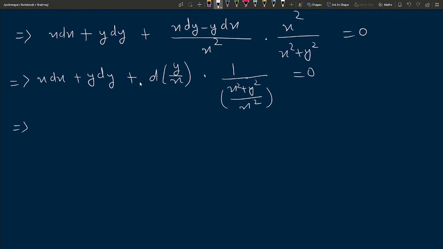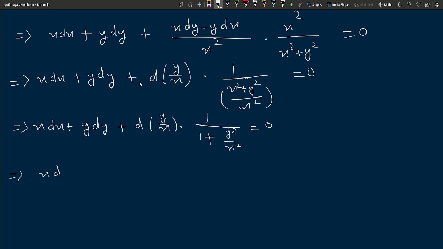So then I will have integration x dx plus y dy plus d of y by x into 1 by, now x square by x square, 1 plus y square by x square, equals 0. Then integration x dx plus y dy plus 1 by (1 plus (y by x) whole square) into d of y by x equals 0.